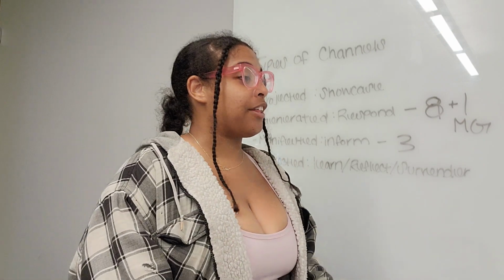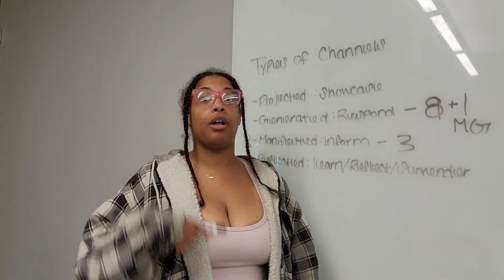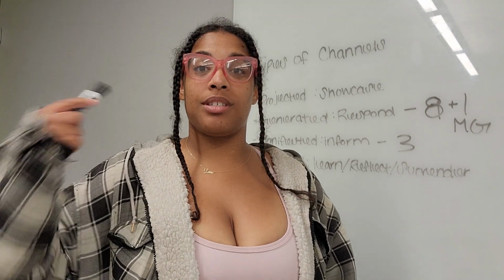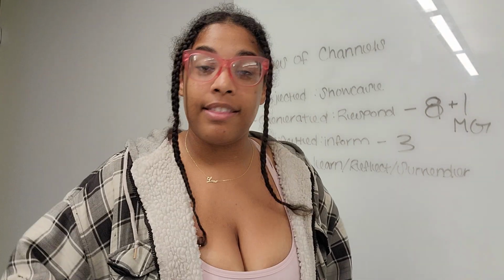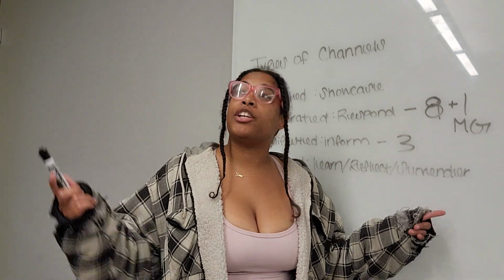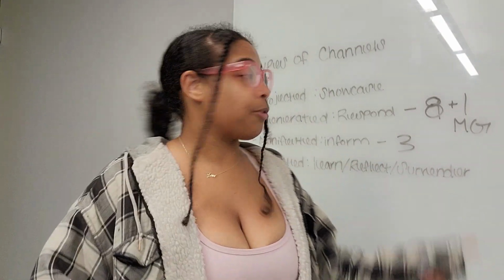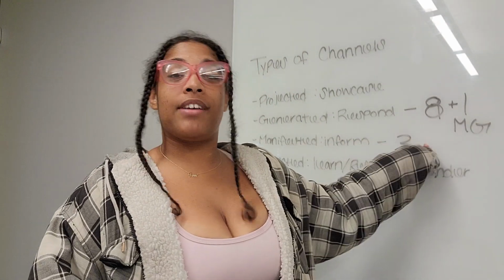It can either be connected to the ego center, in which case you're telling people about the things that you desire, things that you want, things in the material world, or if it's connected to the solar plexus, then you're telling people about your feelings. You're expressing your feelings in a way that's going to get people to take action. So those are the 3 manifested channels.